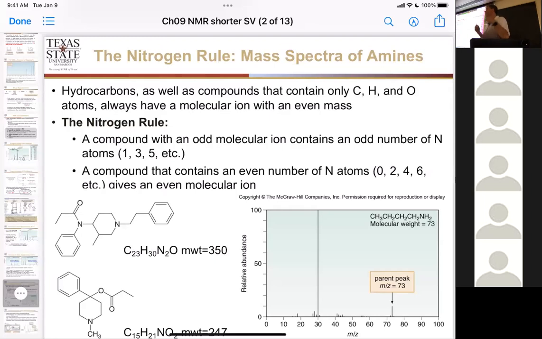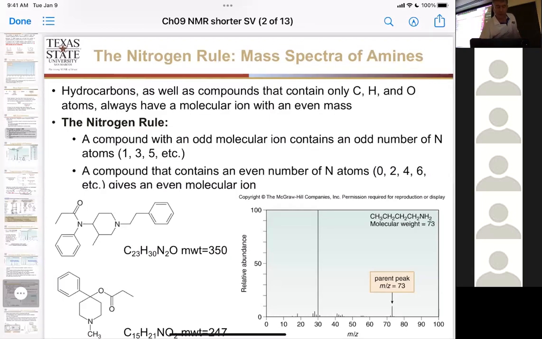Nitrogen's primary isotope is 14, but it bonds 3 times, so it ends up giving an odd number if you have an odd number of nitrogens. So if you have 1 nitrogen, it's going to be odd, and 3 nitrogens as well. If you have 2 nitrogens in it, guess what? It goes back to even, because adding the 2 odds together cancels it out.